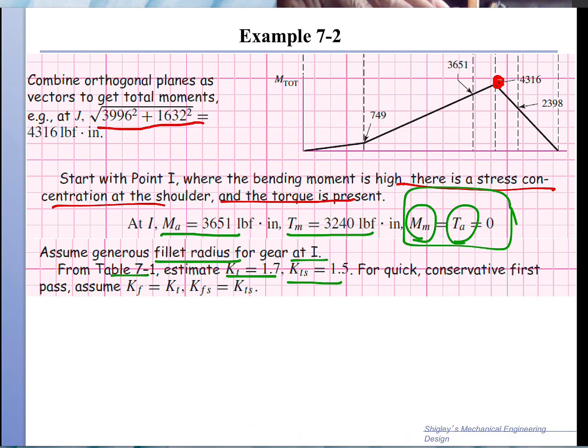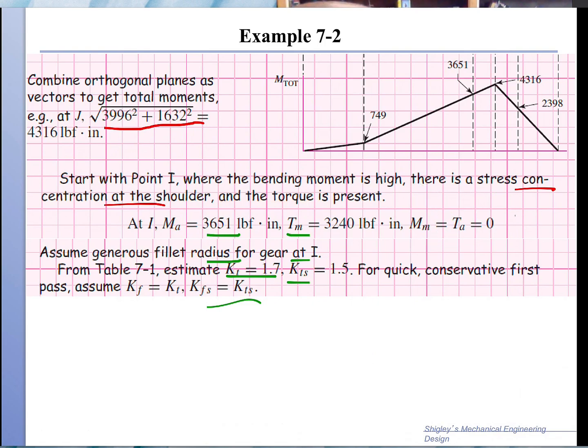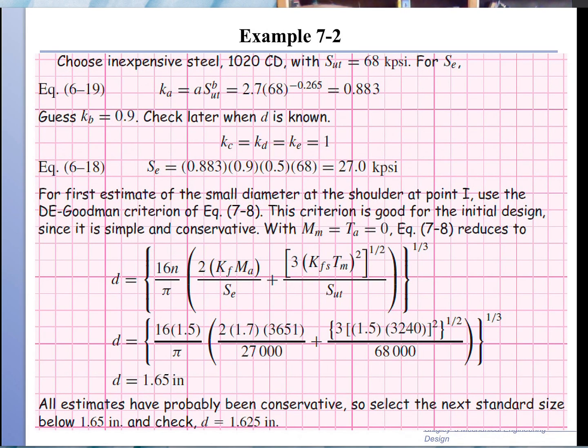And we're going to ignore any effects of the notch sensitivity factor on reducing these stress concentration factors. So we're just going to translate them to the fatigue values directly, without any effort at this point, because we're just taking the first iteration.